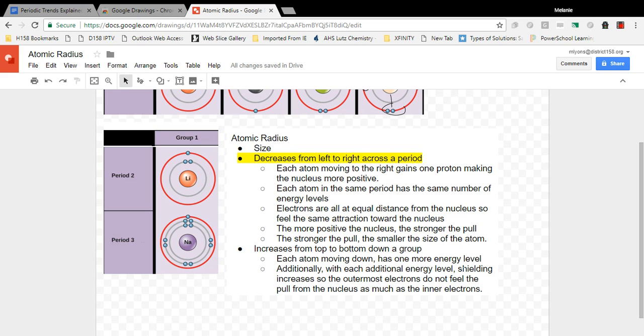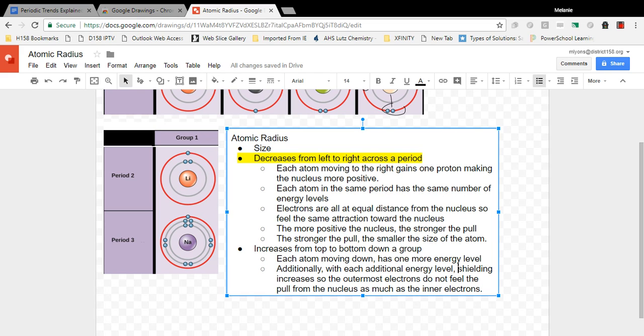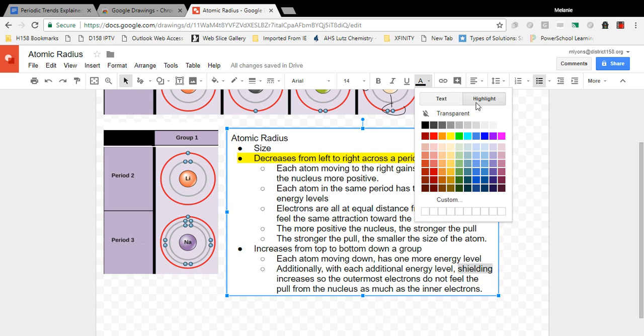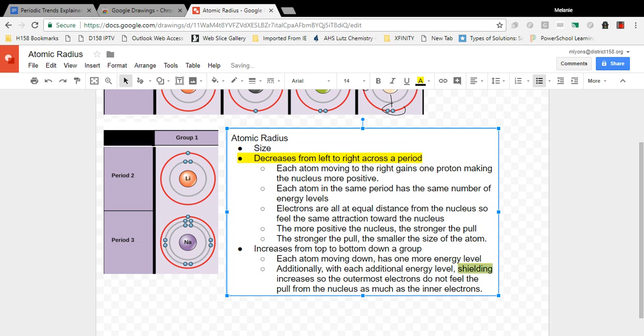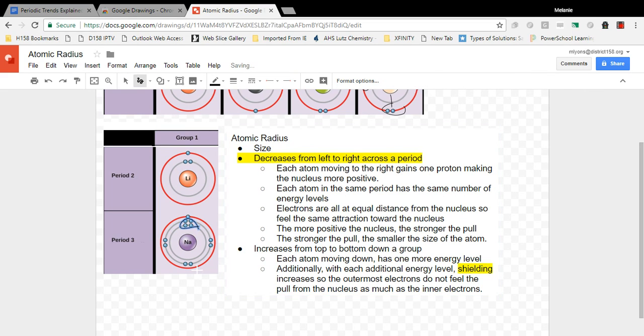One thing we need to think about is this idea of shielding, which we talked about in class. Shielding means that the electrons in the middle keep the outermost electrons from feeling the positive pull of the nucleus.